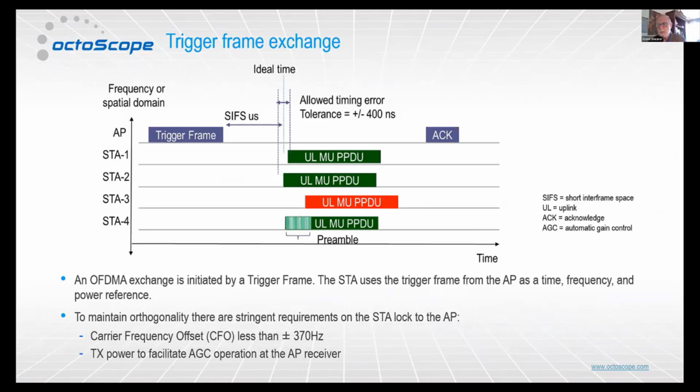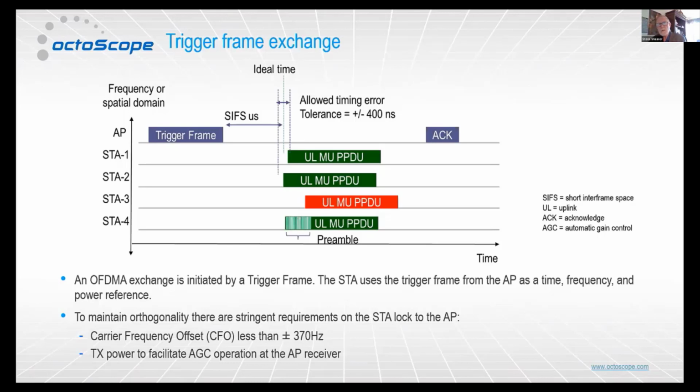It's not really a negotiation as such, although one could think of it a little bit in those terms. The trigger frame that the AP sends down contains information about who the access point wants to hear from. So that's where it basically lays it out.